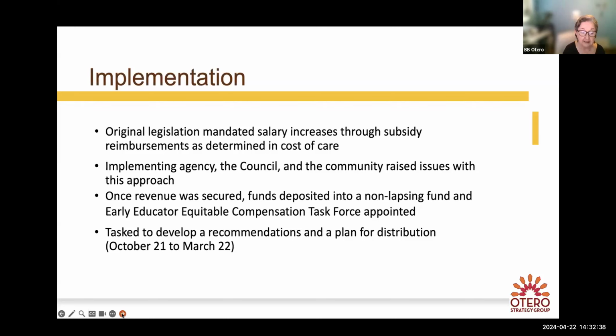We did create, with the help of the council, an early educator equitable compensation task force. It was appointed by the council, and their role was to make the recommendations of how the dollars would be distributed.